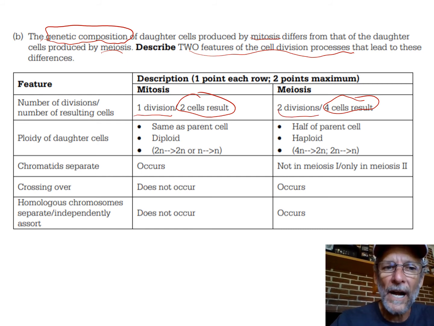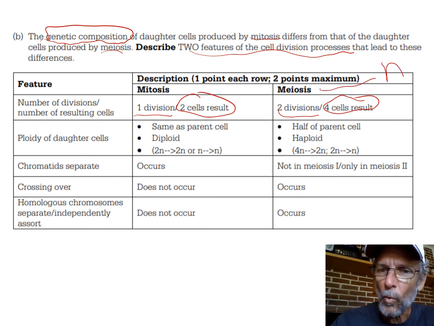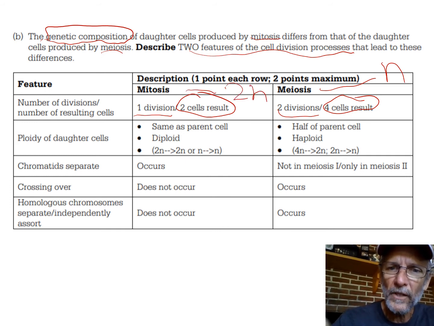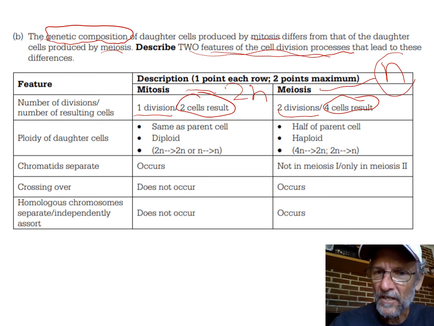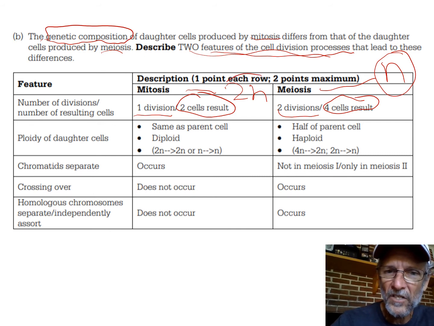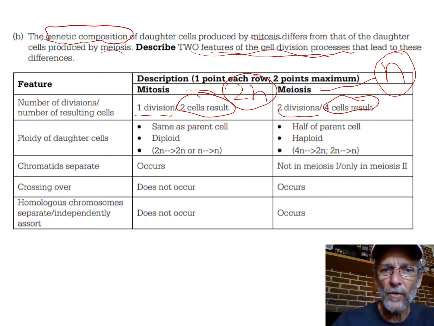And that's why the genetic composition is such a difference. Here you have 1 set of chromosomes when it's done. Here you have 2 if you start with a diploid cell, right? So this is the feature of the cell division process that results in that 1 set as opposed to 2. So that's one thing you could say. But notice that if you said both of these things, you can only get 1 point.